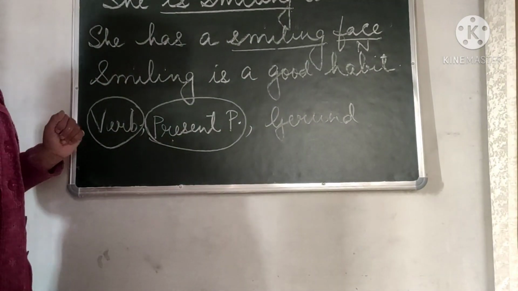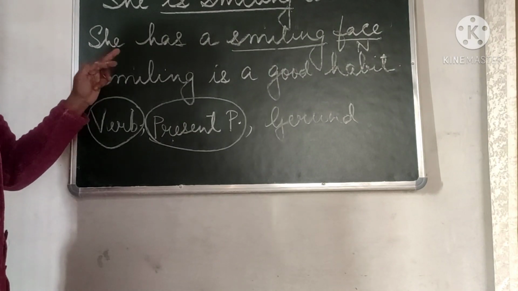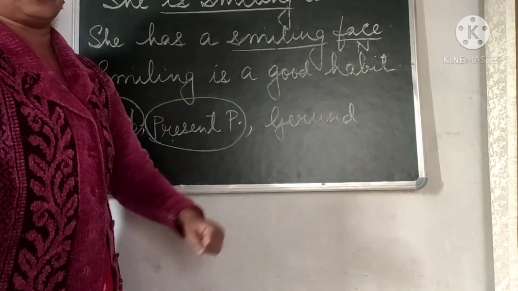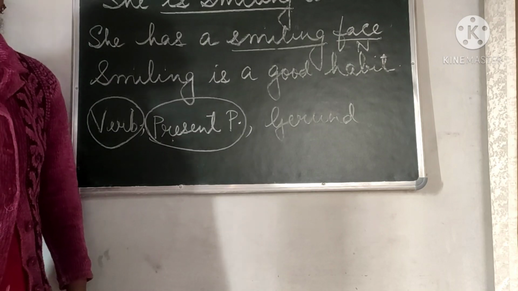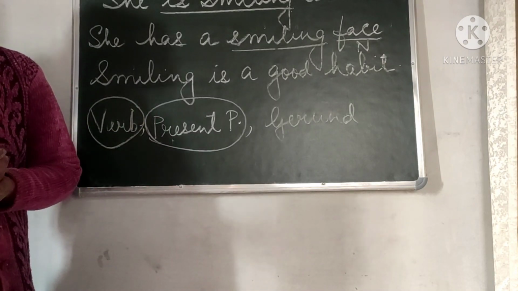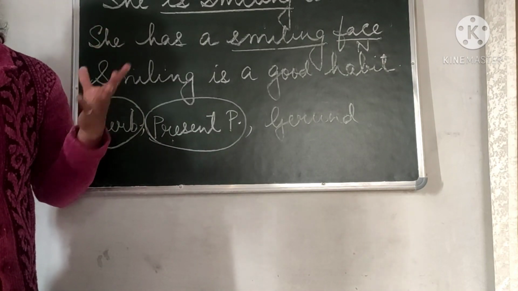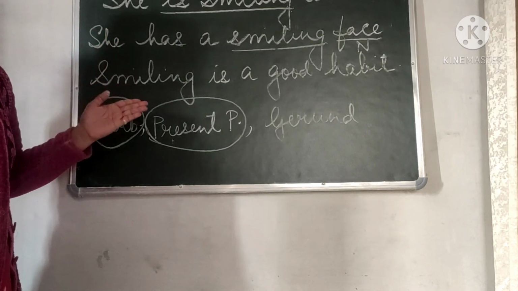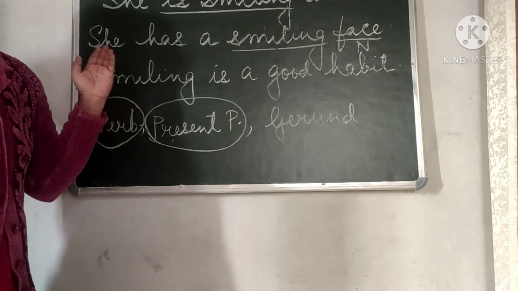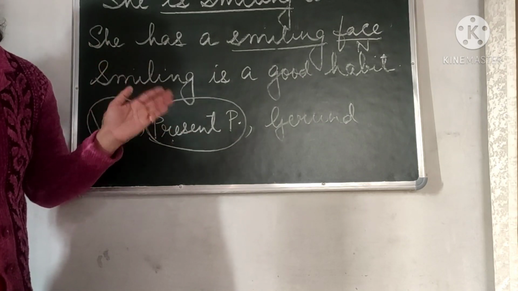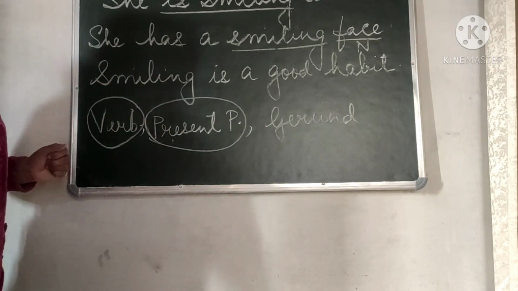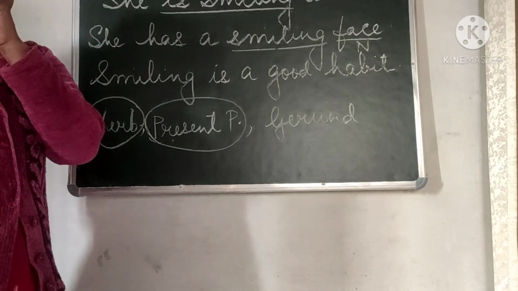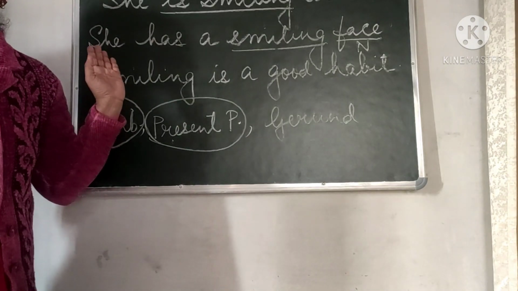Now let us see the third sentence. Smiling is a good habit. Now here we are saying that smiling is something which is a good habit one should inculcate. So this word smiling has been used as my subject. So here this has been used as a gerund.